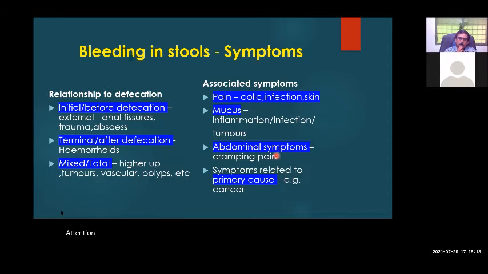Abdominal symptoms, especially cramping pain due to blood in the intestinal lumen, causing colicky abdominal pain. And symptoms related to the primary cause. Example, cancer, they tend to have constitutional symptoms of loss of weight and lethargy.